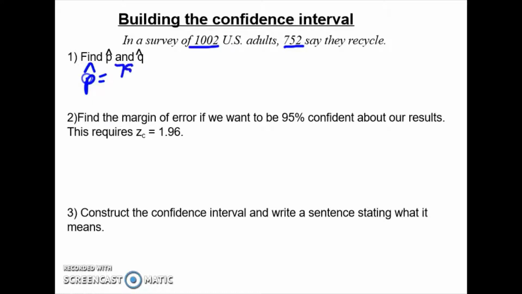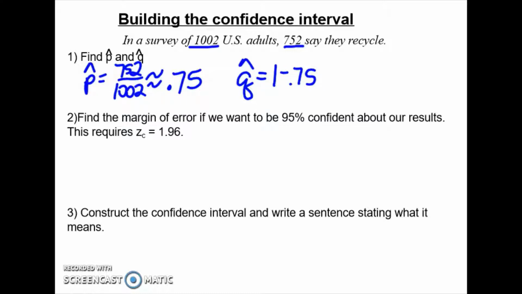So here that's 752 out of 1,002, and that is about 75 hundredths. So then if I want to find my proportion for failure, that would just be 1 minus my p hat value, which in this case is about 25 hundredths. So about 3/4 of people say they recycle and 1/4 say they don't.